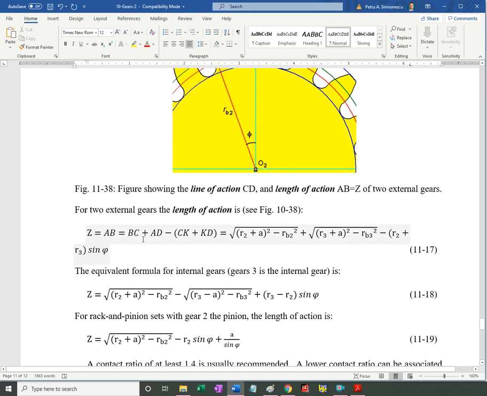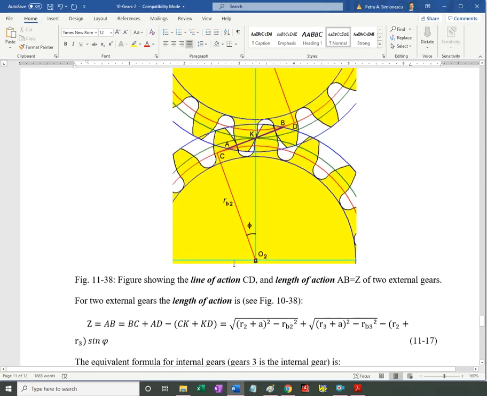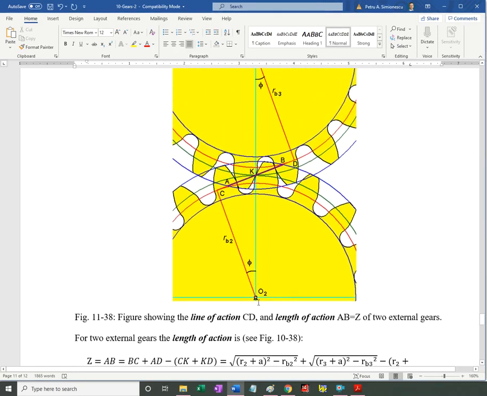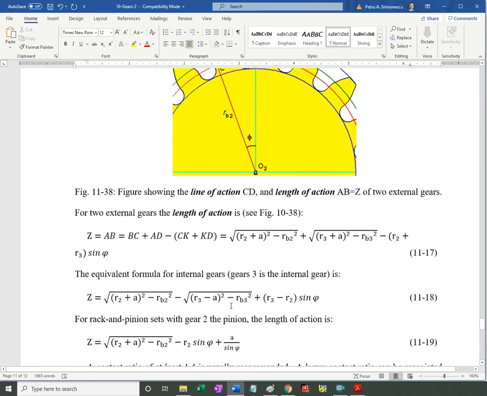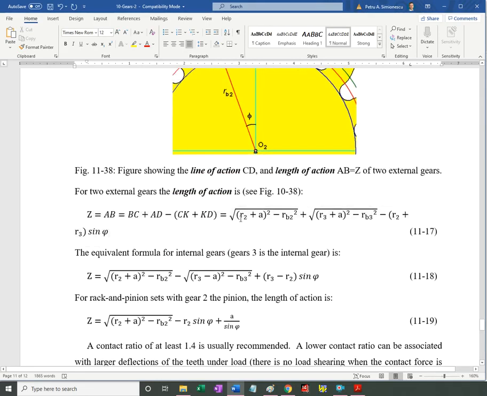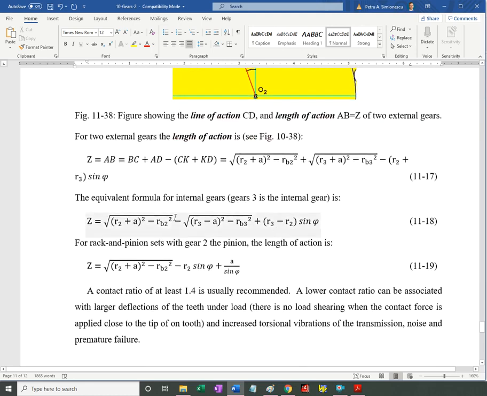This is the equation for the length of action, determined using geometry. We take the full length from C to K, and then using geometry subtract AC, and likewise on this side. This is all explained here, and can be written using the Pythagorean theorem and the final forms of it.